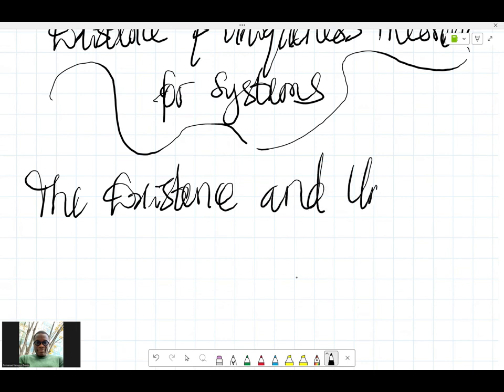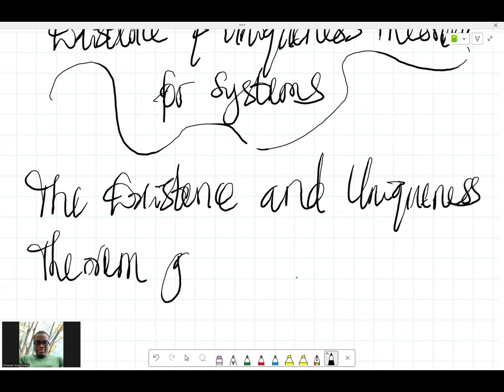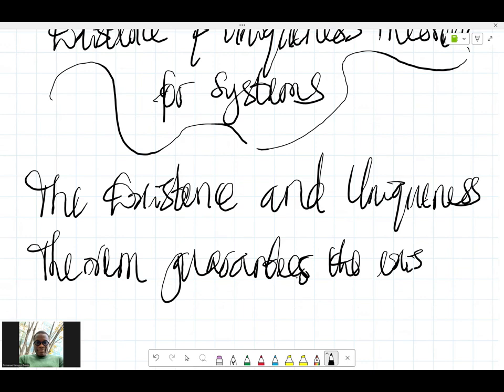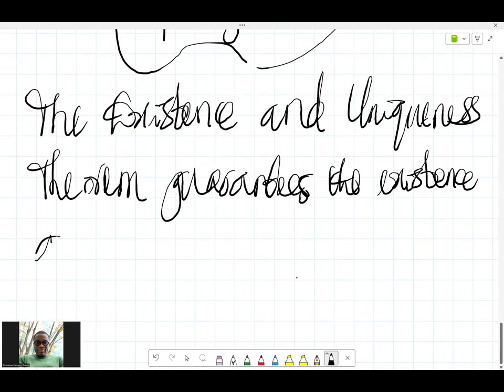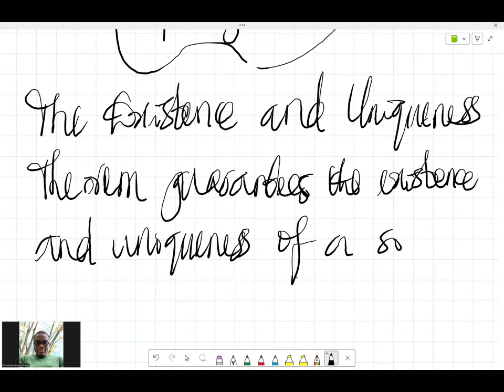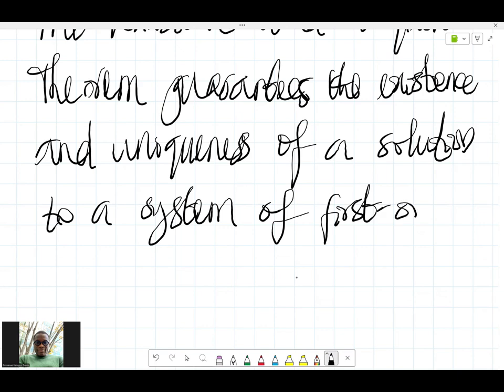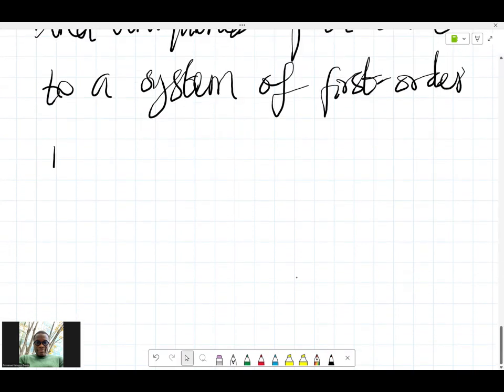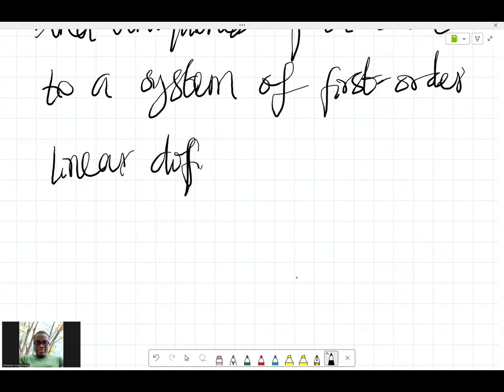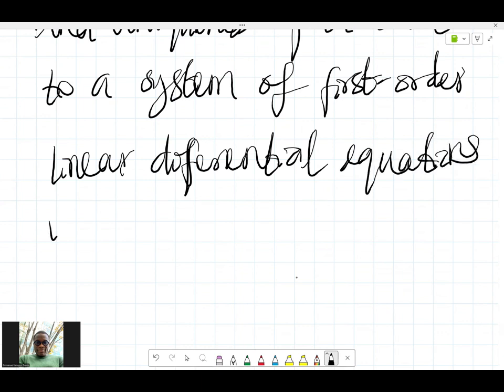The existence and uniqueness theorem guarantees the existence and uniqueness of a solution to a system of first order linear differential equations under certain conditions.